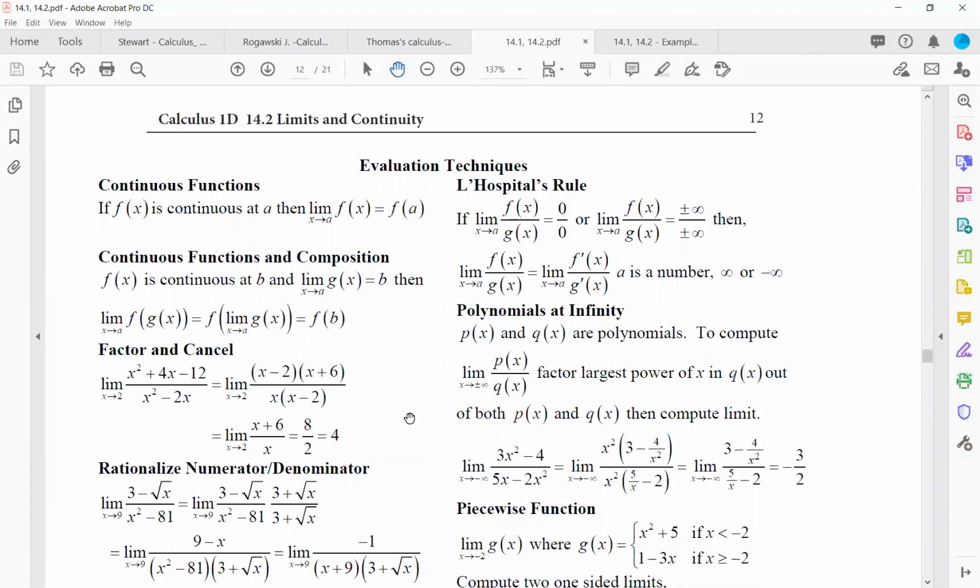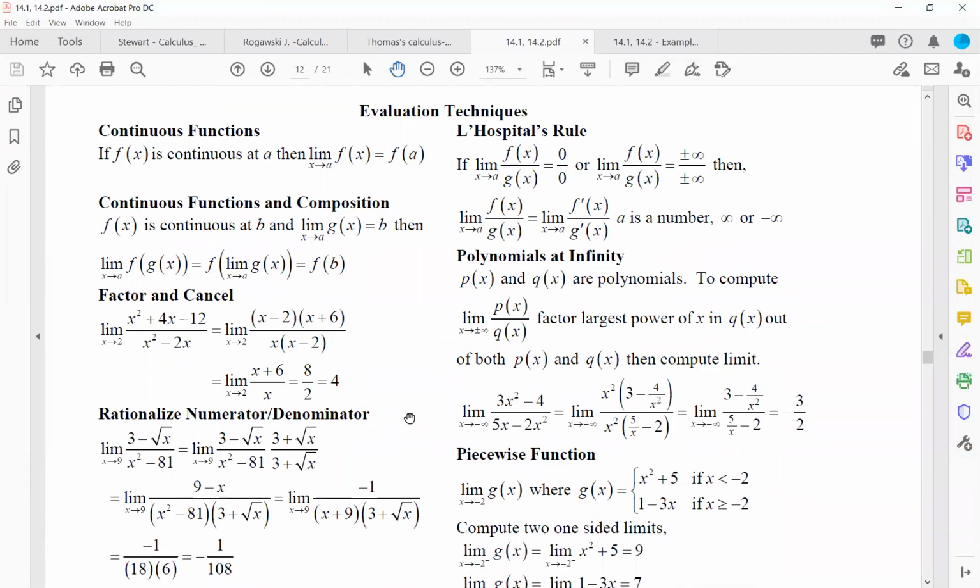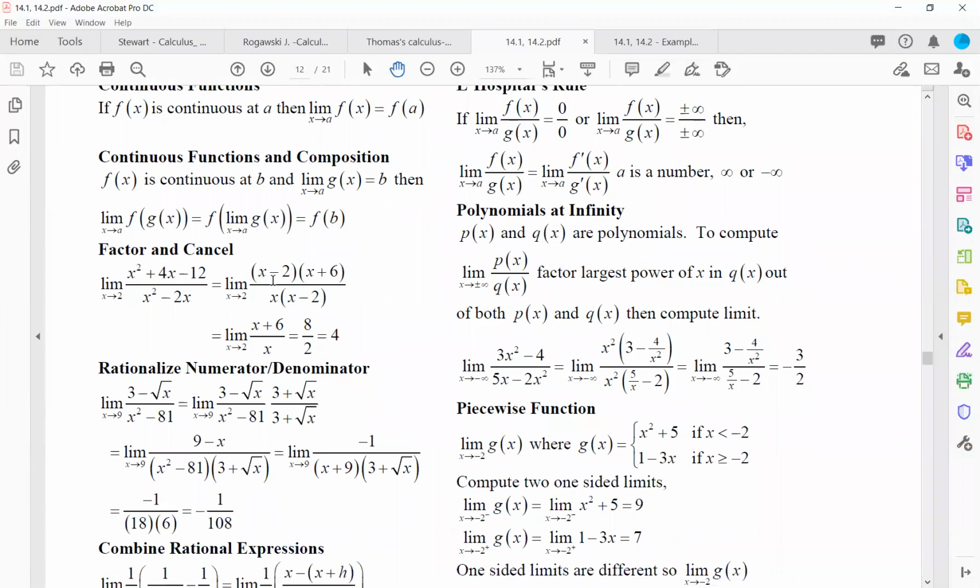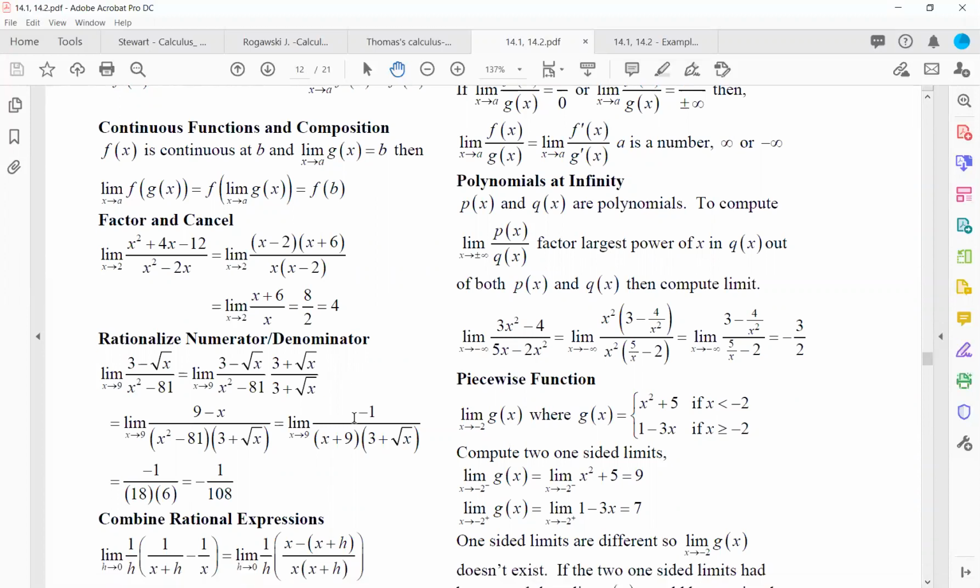There are many techniques to get rid of common factors. For example, if you have common factor x minus 2 that makes the function 0 over 0, other than using L'Hopital's rule, you can just factor out the numerator, factor out the denominator, and get rid of the common factor. For radical functions, you can use the conjugate of the numerator or the conjugate of the denominator, whichever is working for you in that question, then simplify the function and find the limit.